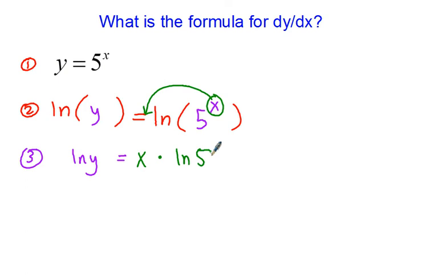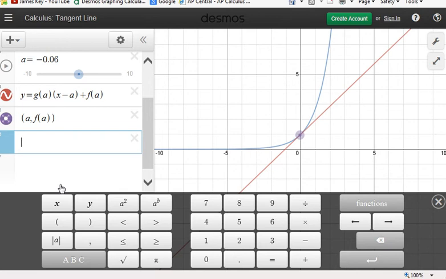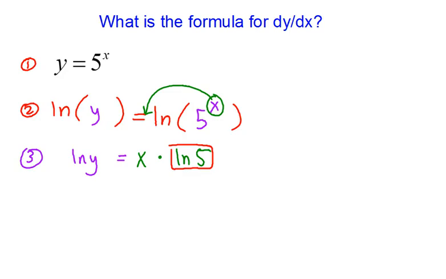Okay, and what I'm going to do, just for the sake of being concrete, is I'm going to write an approximation for the logarithm of 5. So let's pop over to Desmos and see if we can just compute that over here. I'm going to go down here and type logarithm of 5. Okay, and as you can see, that's about 1.61 approximately. So I'm just simply going to write 1.61, knowing that that's just an approximation, but that should make it a little bit more concrete in terms of what's going to happen next.